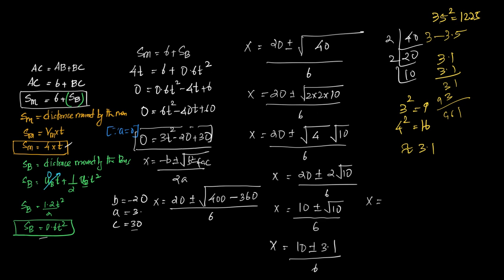X is equal to either 13.1 by 6 or x is equal to 10 minus 3.1, which would be 6.9. So either 6.9 by 6, in which case x is equal to, oh, I made a small mistake here.